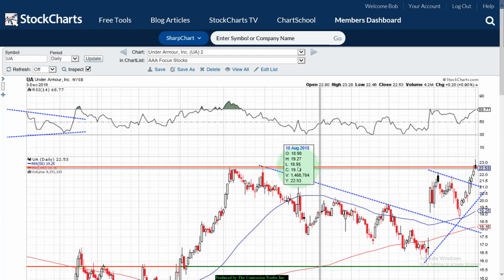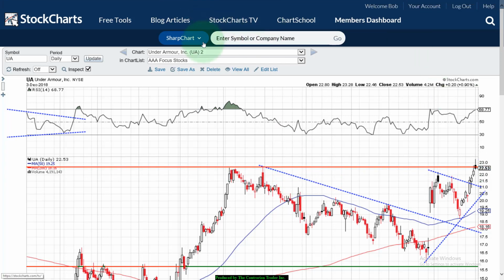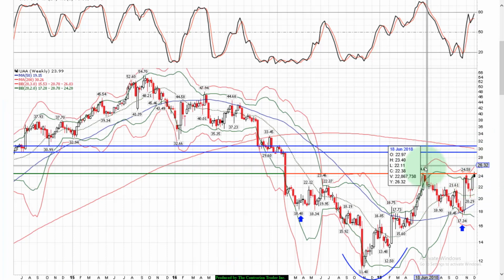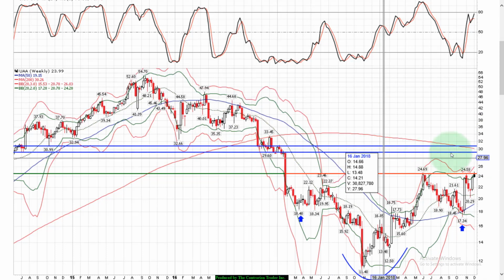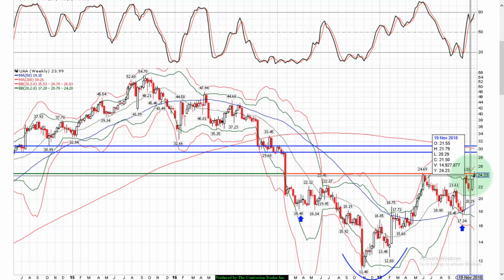So in that case, we would have minimal downside risk with a lot of upside potential because, back to the weekly chart, the next resistance level after we clear the June highs is up here at around $29.50 per share. So very little downside risk with a lot of upside potential. So it's a good trade, assuming that we get a breakout.